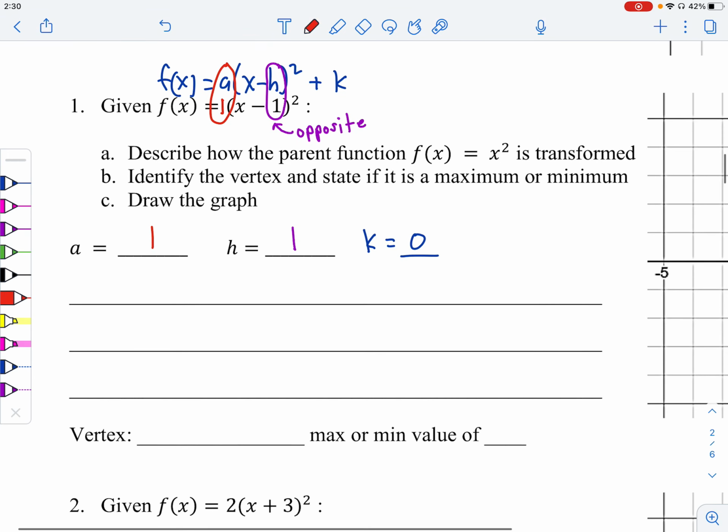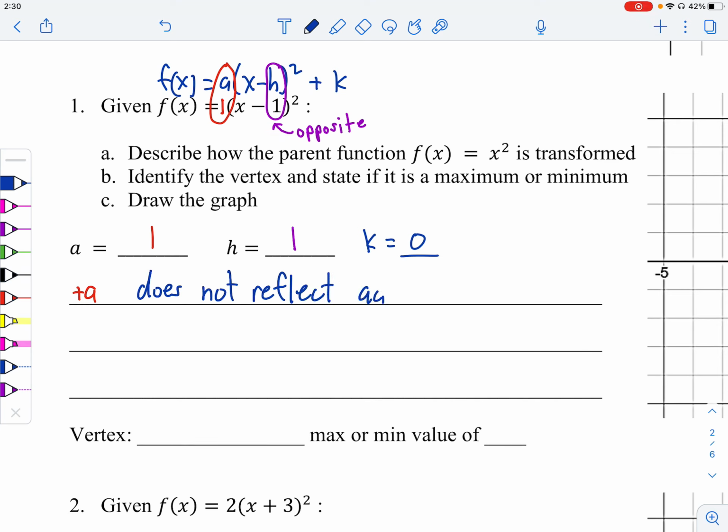Okay, so first one. We have a positive a. And remember, positive a is no reflection. So it does not reflect across the x-axis. If it's negative, it would reflect across the x-axis, but since it's positive, it does not reflect.